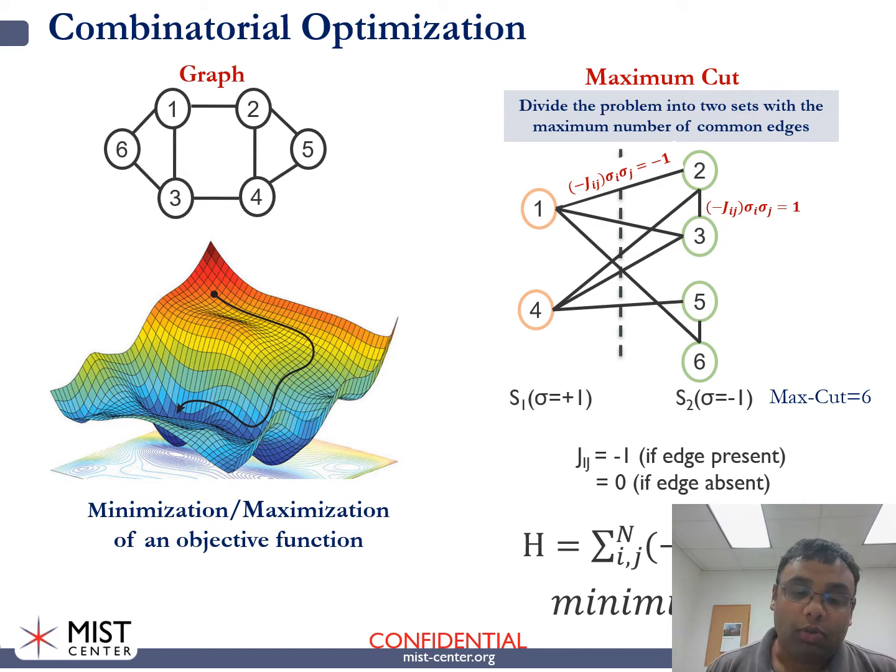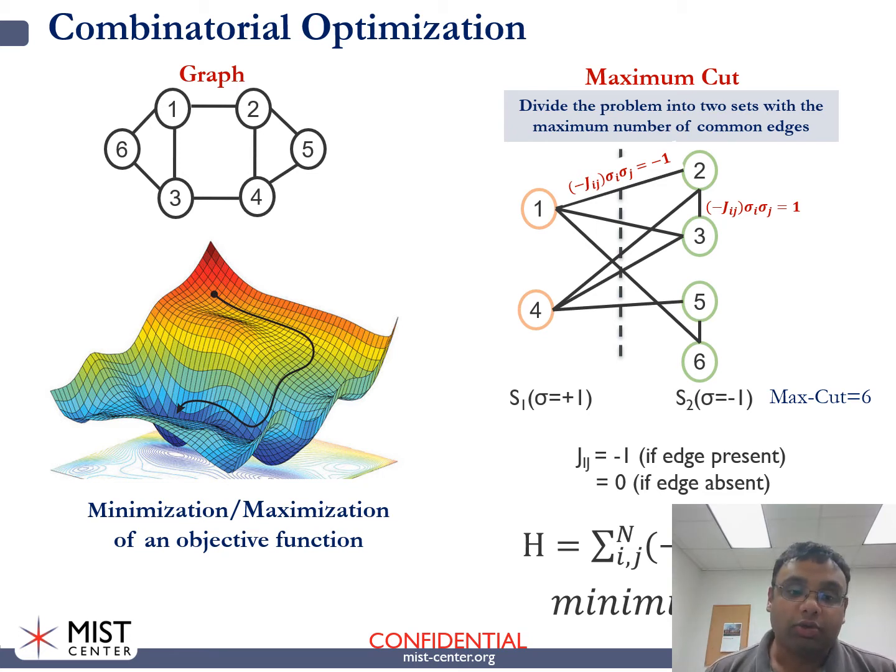Now, one of the important points that I'd like to emphasize about combinatorial optimization, before we delve into the approach that we've explored, is that combinatorial optimization is equivalent to maximization or minimization of an objective function.